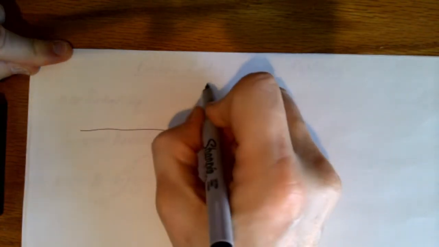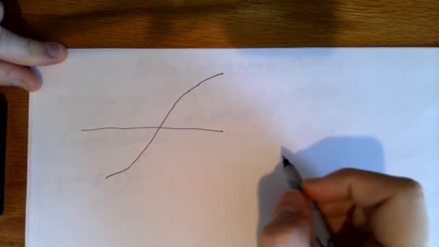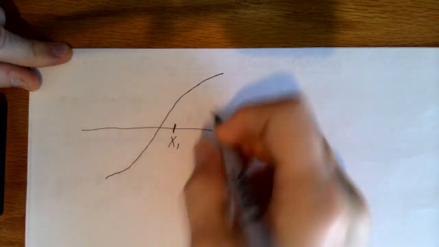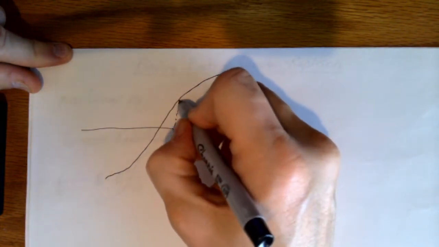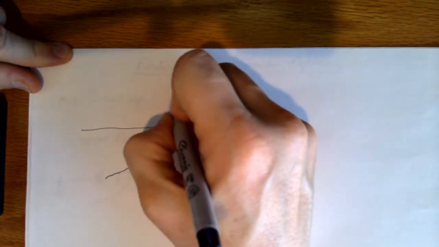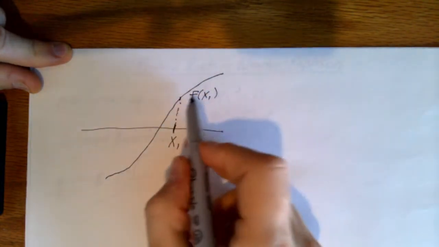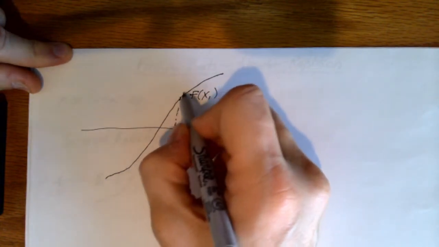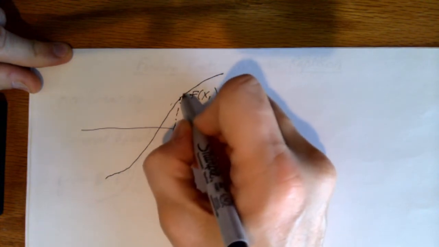So let's say that once again we have something like this, and we have this function, and we think that x1 here is close to the root. Well, if we were to go up to this point, and the y value here will then be f of x1, right? That's the y value here. If we have a tangent line at this point, that represents the slope of the equation at that point.